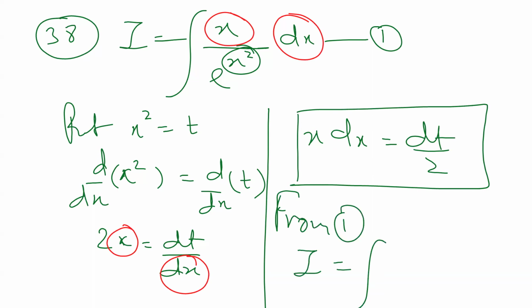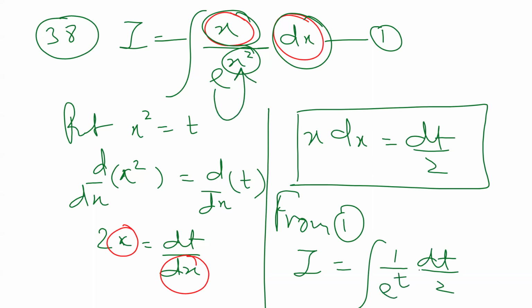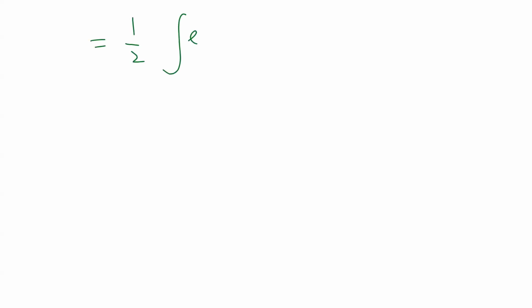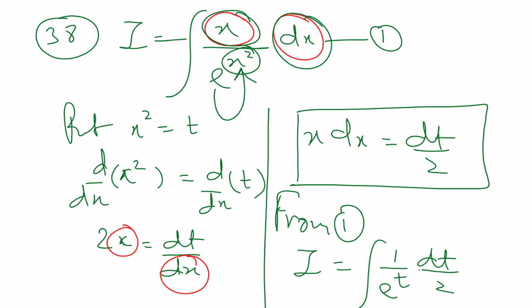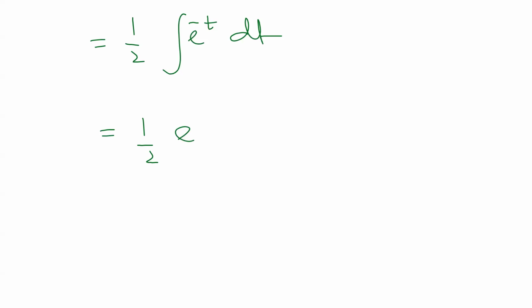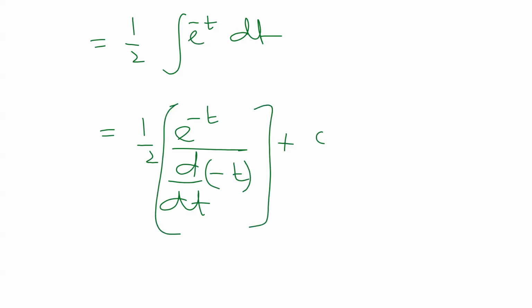So from one, integration x dx is dt by 2, 1 upon e raised to t. So half outside, e raised to minus t dt. Let me just check, e raised to t goes up, so it will be e raised to minus t. So integration of e raised to minus t is e raised to minus t upon d by dt, don't take d by dx, of minus t.